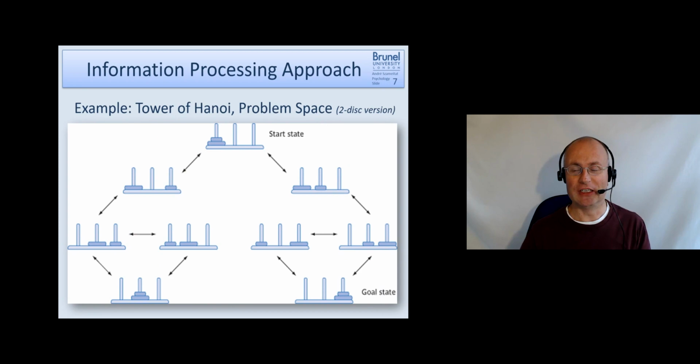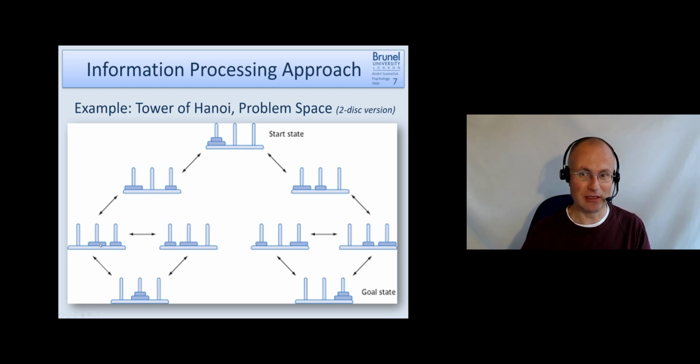For a simple 2-disk version, this would be the problem space. These are all conceivable moves and constellations we may have. When this is the start state, we could take the small disk and put it on this peg, or we can put it on that peg. We only have these two options. When we are here, the only sensible move would be to put the large disk here, because when we put the small disk here, we have actually this state here.